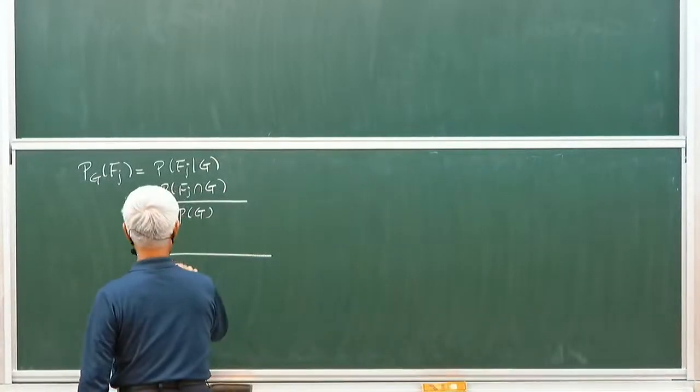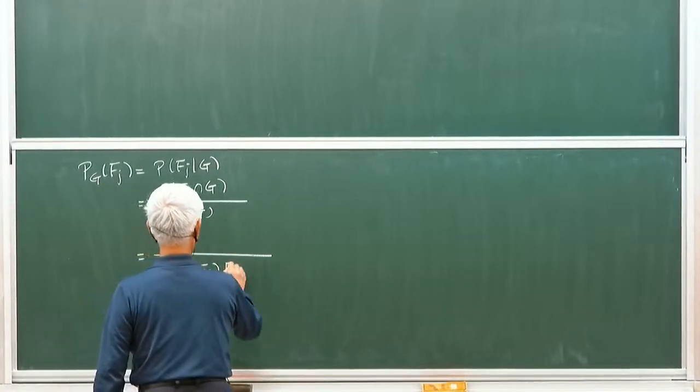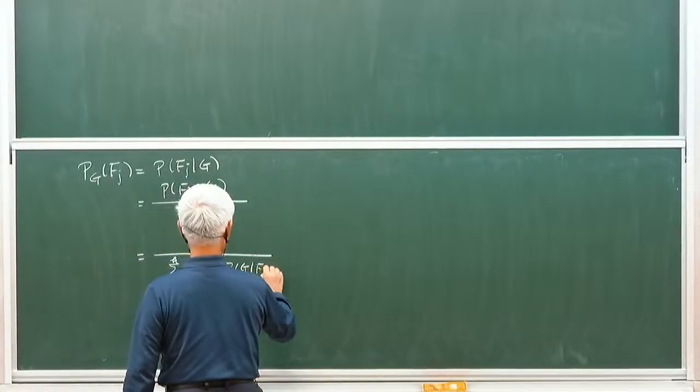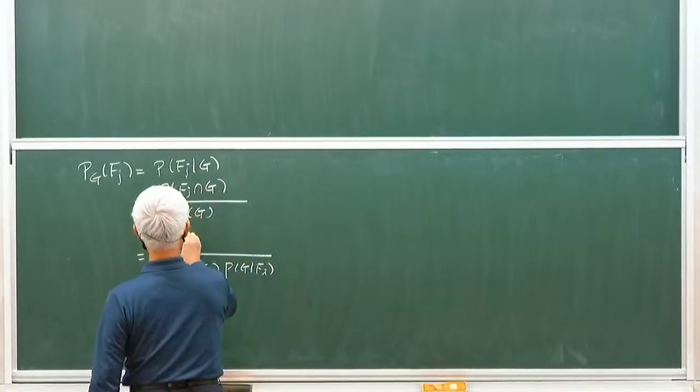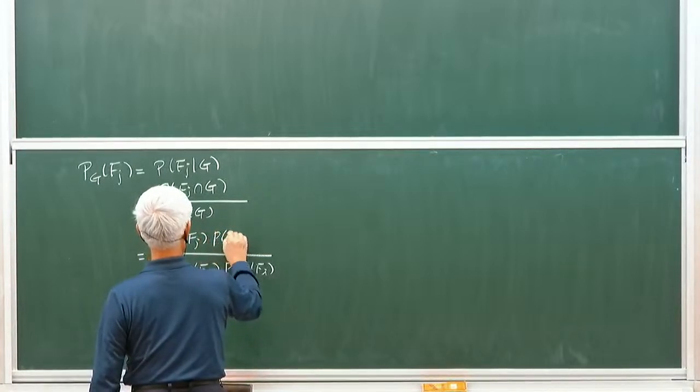So this is the sum over i from 0 to k of P(Fi) P(G given Fi), and the numerator is P(Fj) P(G given Fj).